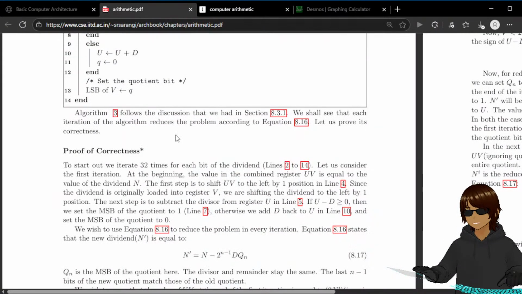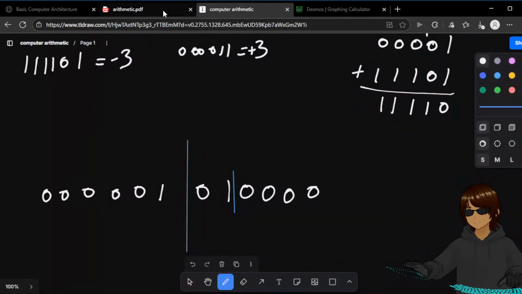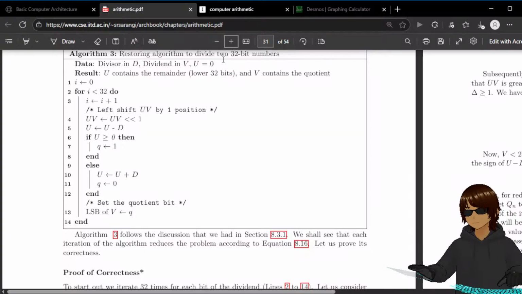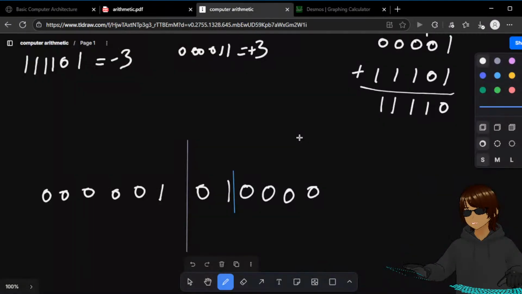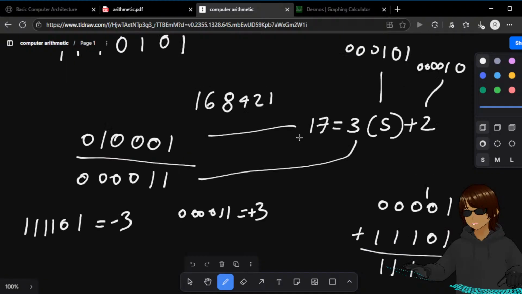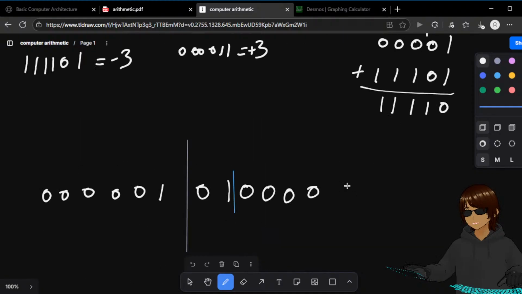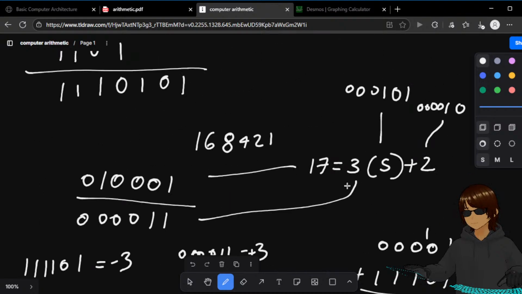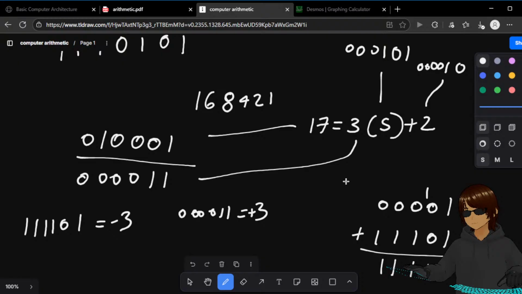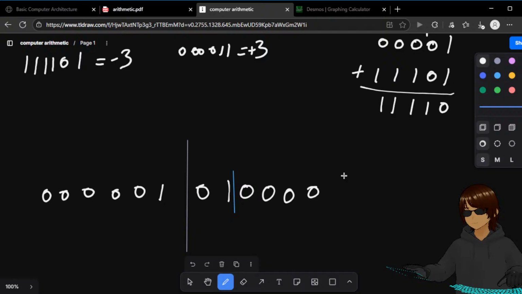Set the MSB of the quotient to 1. Do they mean this over here, this bit?